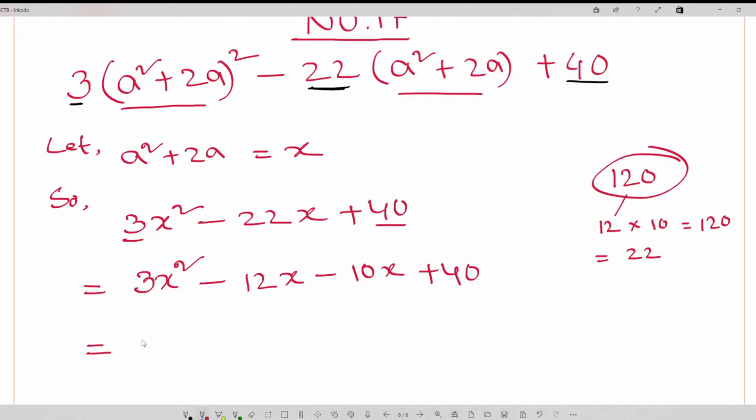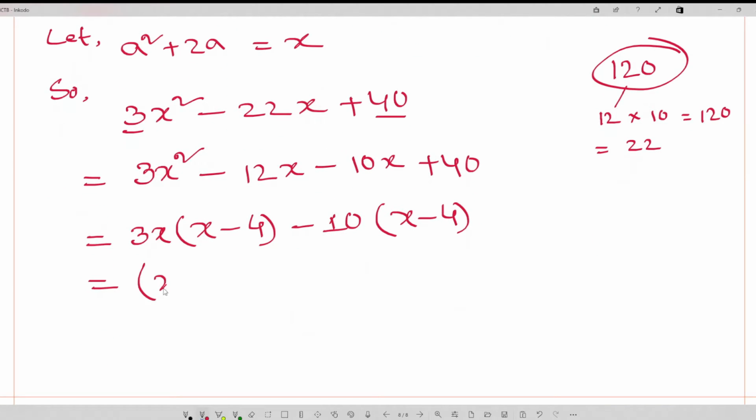So now here we can take common 3x. So here is x − 4, and here we can take common minus 10, again x − 4. Then we can take x − 4 common. So here is 3x − 10. We know x equals a² + 2a.